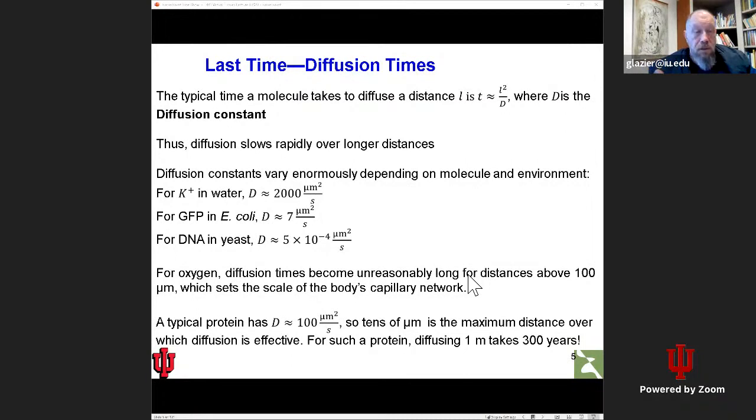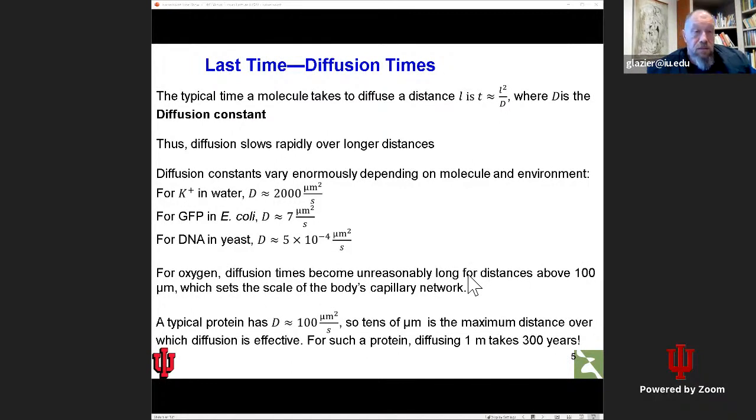The key thing to know is that if you're going from place 1 to place 2 and the distance is L, the time to get there is random because diffusion is random. But the mean time goes like the square of the distance divided by the diffusion constant. And that means that diffusion slows down very much when you get to long distances. And I give you here some examples.